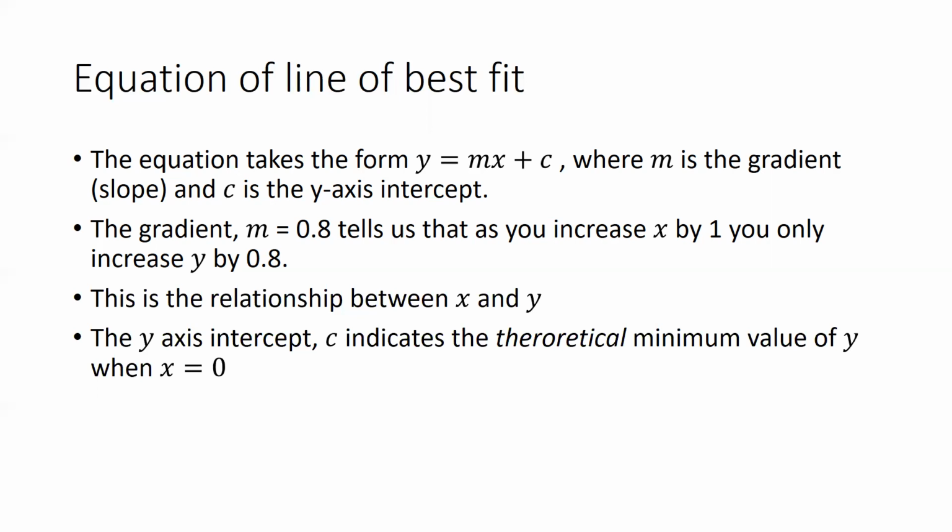So if you look at the value of c in a linear regression, where you're plotting BMI against some response, don't be alarmed if the intercept seems completely unrealistic. That's purely because it's a theoretical minimum where x equals 0. But sometimes it can be really useful to indicate an expected minimum.